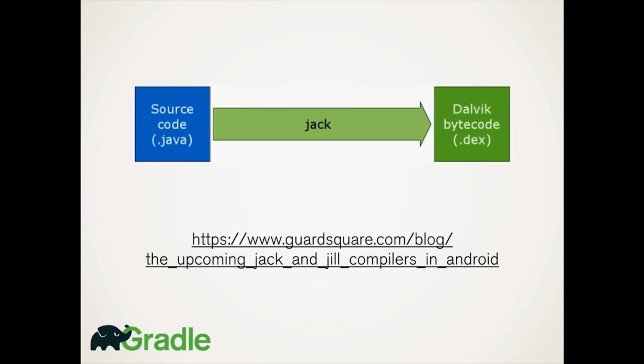The Google Android platform team is working on a new dexing compiler called Jack. Who has heard about Jack? Yeah, I don't have any deep knowledge about Jack. I only had a look at the website to see what they're doing. The idea is that it consolidates the source code compilation and dexing into one step. So no longer source to bytecode to Dalvik bytecode, but directly from source to Dalvik bytecode.